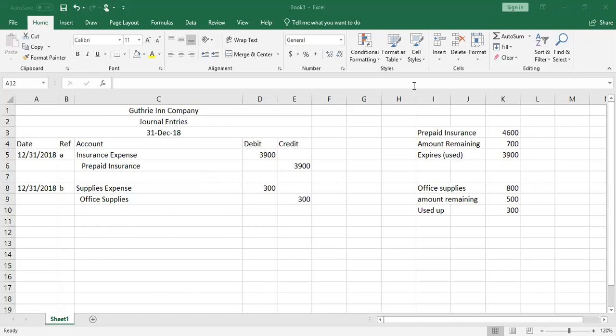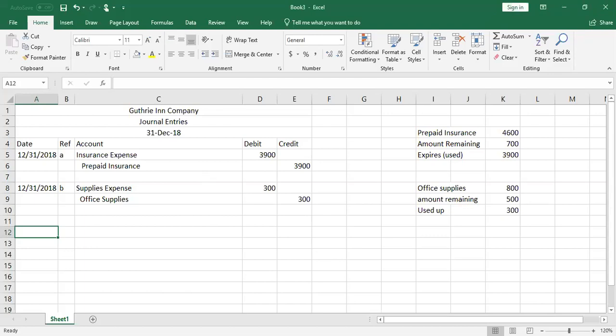Let's go then to that journal entry E, because that deals with unearned revenue. So on November 20th, Guthrie contracted to perform services for a client, receiving $3,600 in advance. So that's similar to what we were talking about.